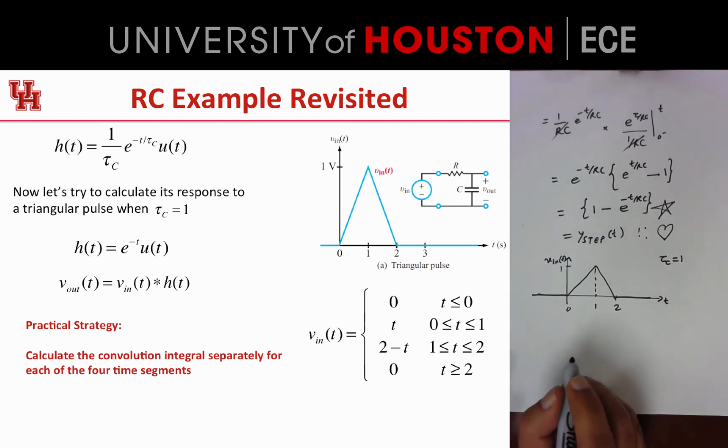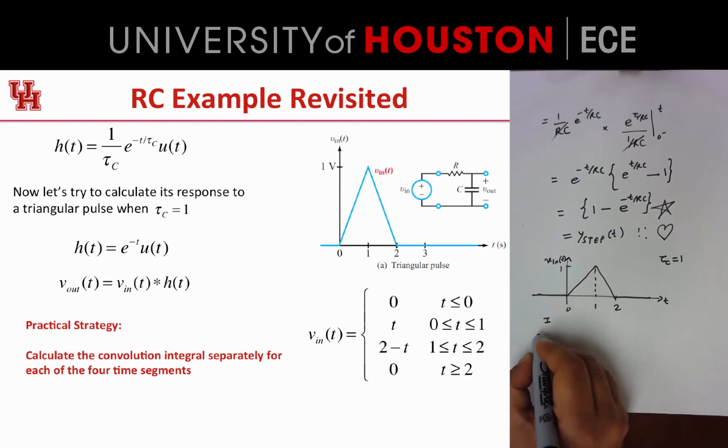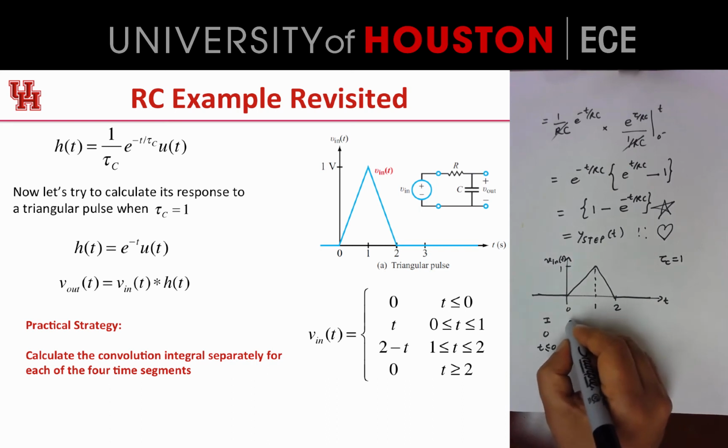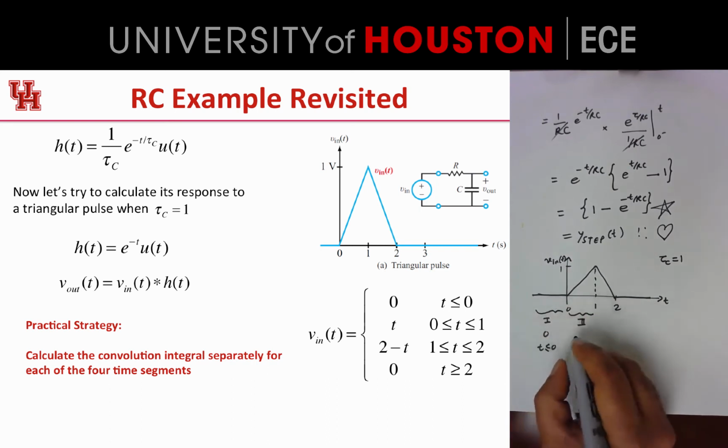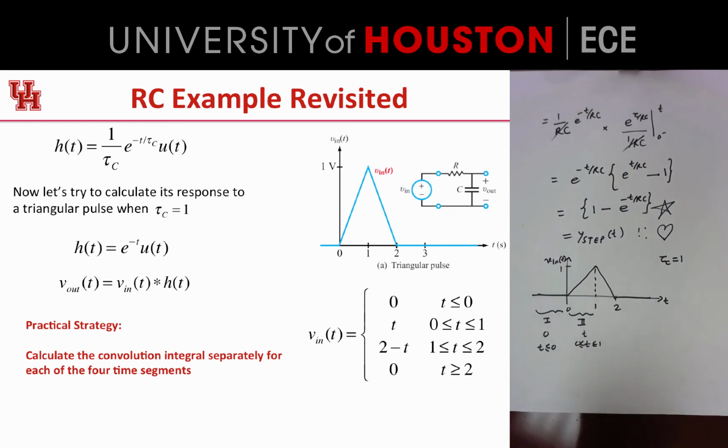So this function can be essentially defined in 4 parts. In part 1, we got 0, and this happens when t is less than or equal to 0. In part 2, where t is between 0 and 1, this thing is just t.